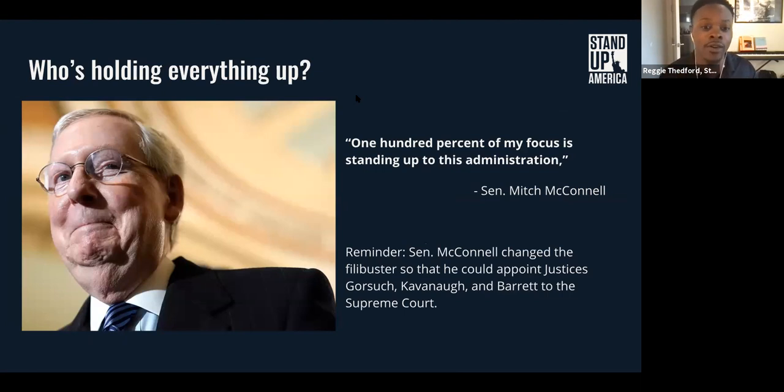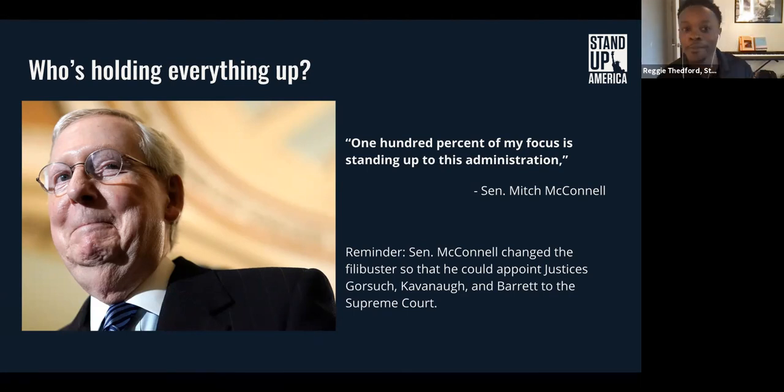So as you can see, it's not only a minority of senators that are blocking progress, but a minority of senators representing an even smaller minority of Americans, blocking pieces of legislation that are widely popular.